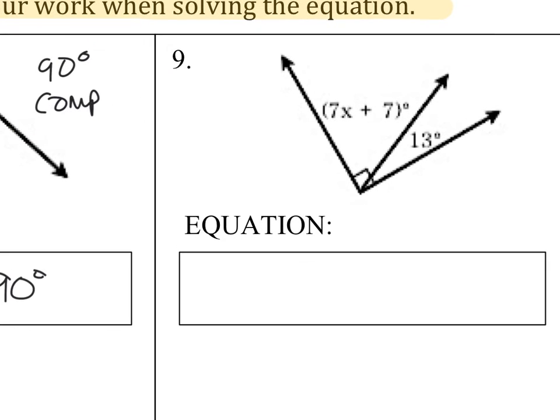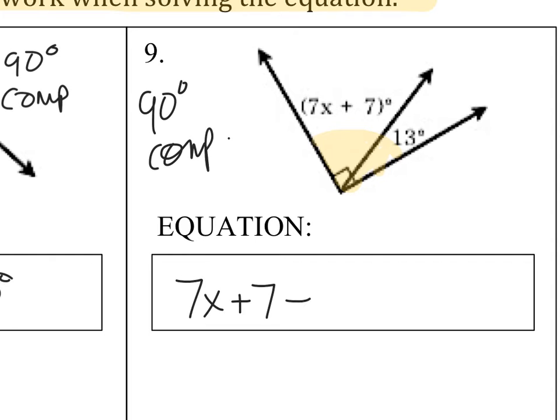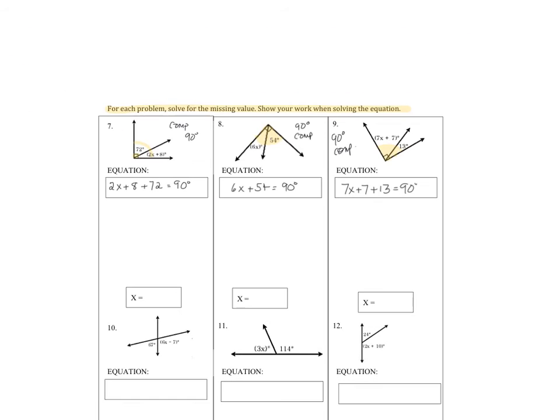Okay, I'm going to go over to this one. Oh, look at it again. I see this angle plus this angle are going to add up to equal 90 degrees. And these are also complementary. So 7x plus 7 plus 13 is going to equal 90 degrees. All right, so those are the first three. I'm going to go through them right now.